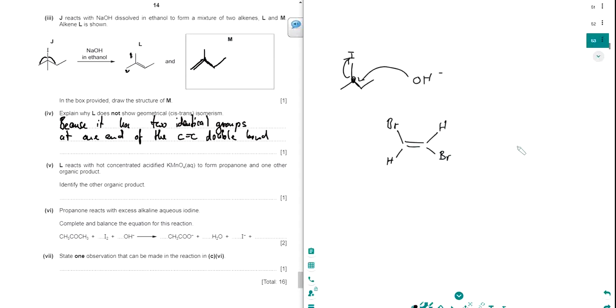So we can have it in this form or like this, where this is our trans isomer. The groups are on opposite sides, and here we have the cis isomer with the groups on the same side.